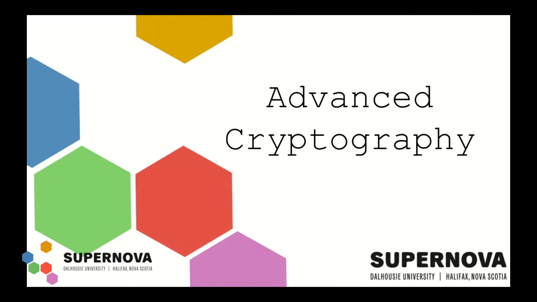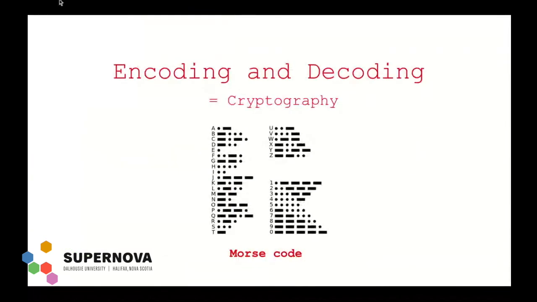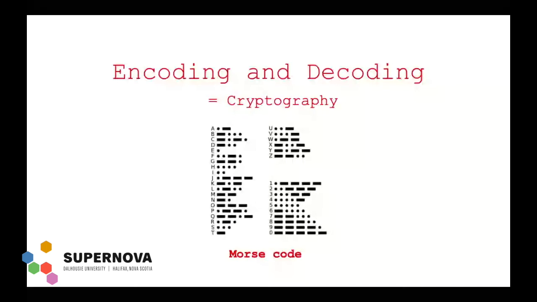So a little bit about cryptography. When you take some normal words like "hi, how are you," and you turn them into a secret code, that is called encoding. And when you take coded words and put them back into readable English, that's called decoding. So encoding and decoding, those are cryptography. Cryptography is the science behind encoding and decoding messages.